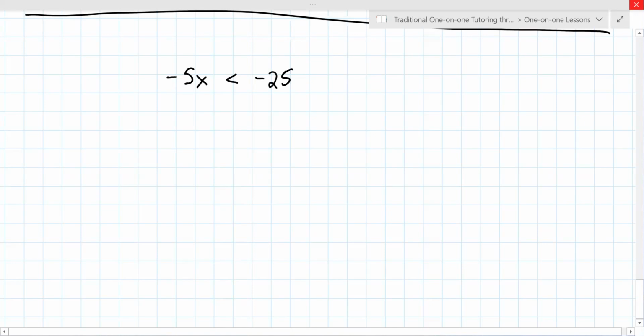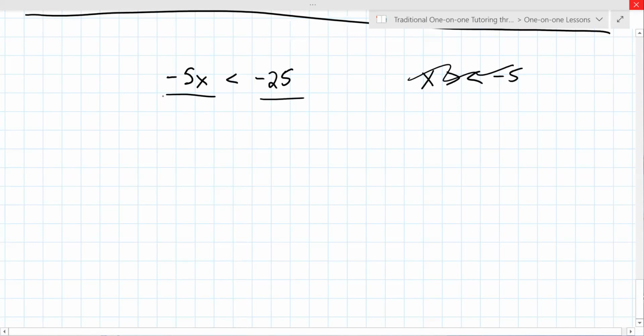All right, x greater than or less than -5. Here's what you just said. X greater than, less than, -5. No, x greater than, and then you put a slash under the greater than. Okay, so a couple things here. What did you divide both sides by? 5.